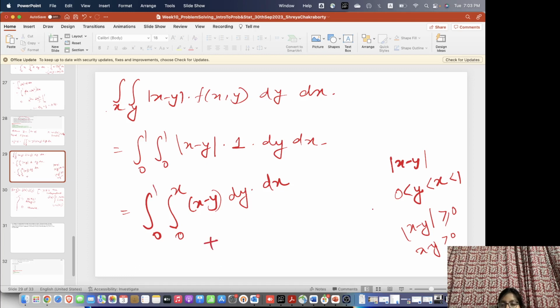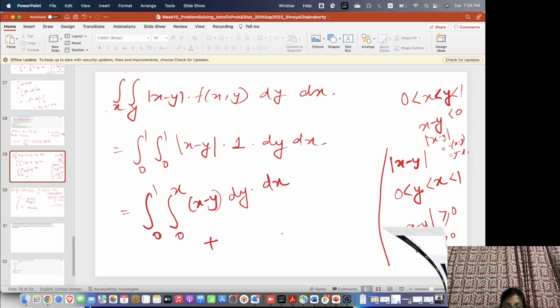Also, in cases where x is less than y, in such cases x minus y would be negative. So mod of x minus y would be minus of x minus y, that is y minus x.